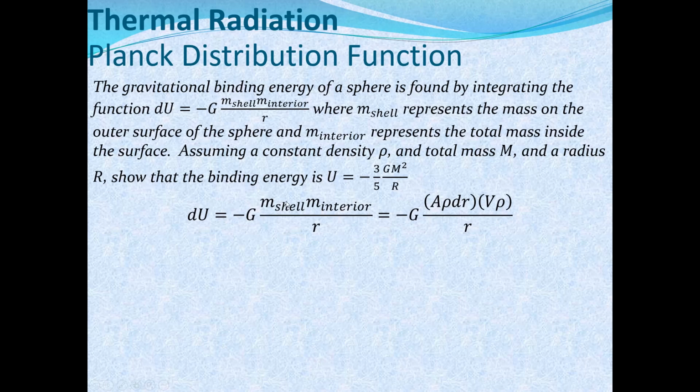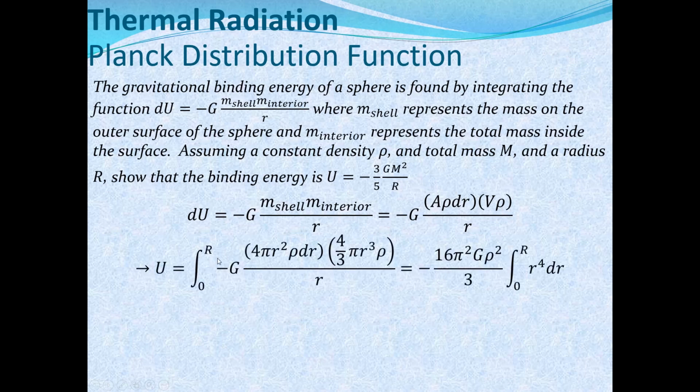So the shell is going to be the surface area of it. We find that surface area by doing this. So this is the cross-sectional area times the density, and then we have dr because it's going to be over that small distance. But the interior is just everything involved, so that ends up being V times rho.